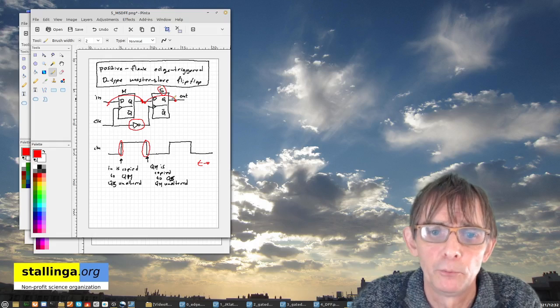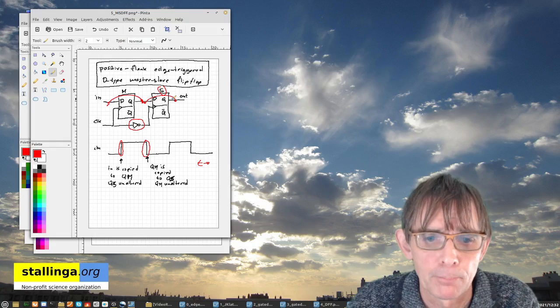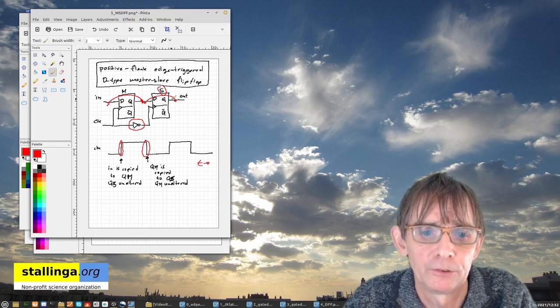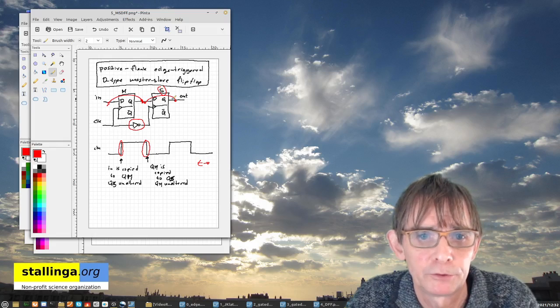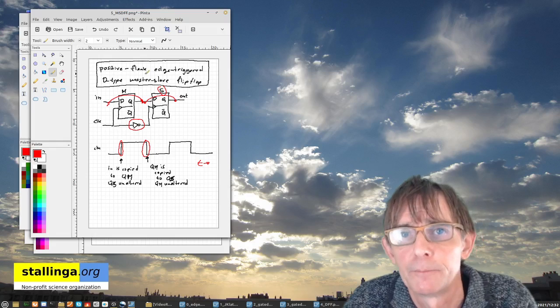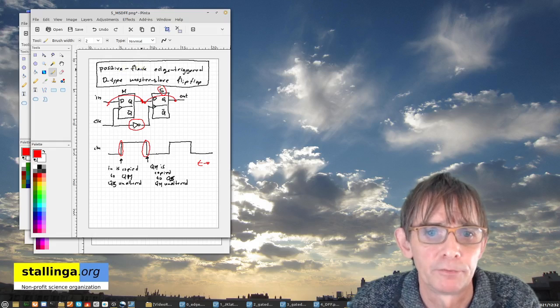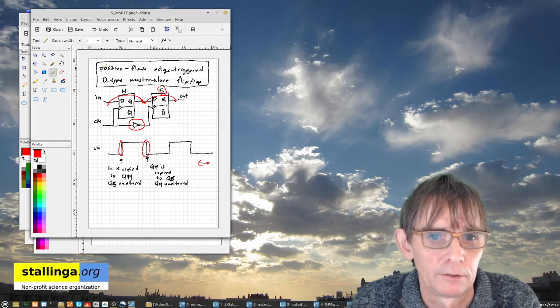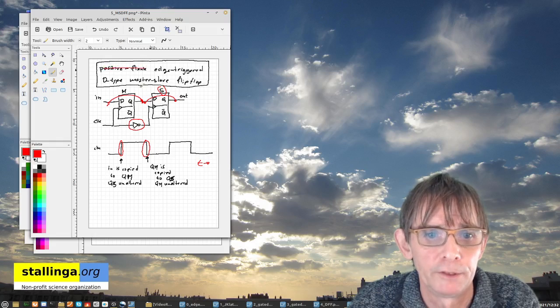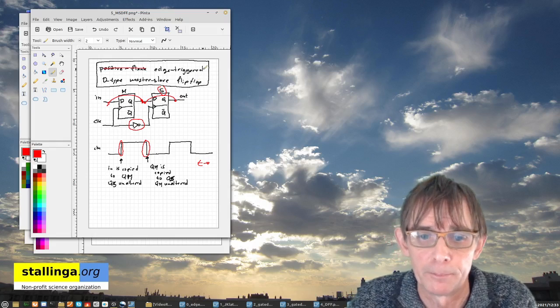And this way we have full control over what is going on in our circuit, because in very many circuits the timing is of utmost importance, and that is why this is one of the most important circuits in digital circuitry. It's the positive flank edge triggered D-type. Actually, I would probably have to remove this, because this one is positive flank and this one is negative flank. So let's call it edge triggered D-type flip-flop.